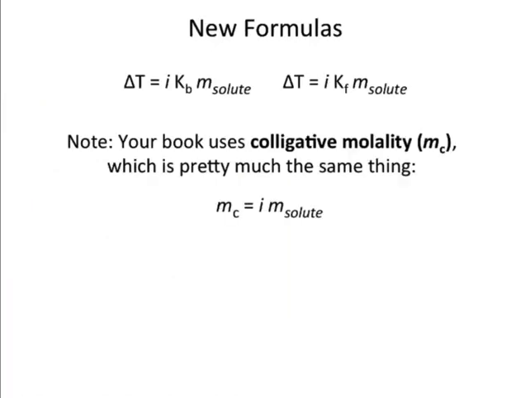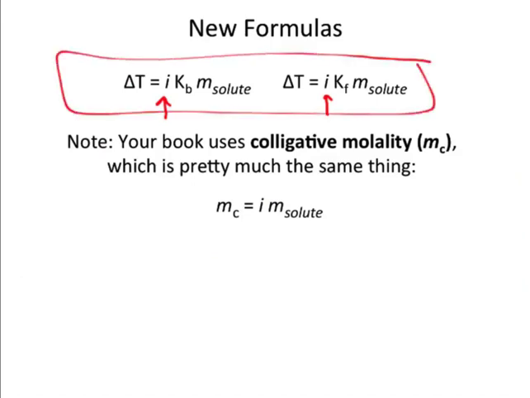All right. Now we rewrite our formulas to incorporate the van 't Hoff factor. So basically we just slide in the letter i right here. And that's fine, right? So these are the equations you'll get on the test. And if you don't have a salt, then your i is equal to 1. You have something that's a covalent molecule.